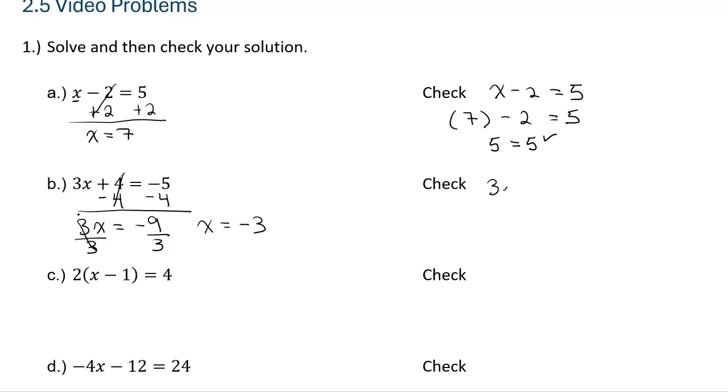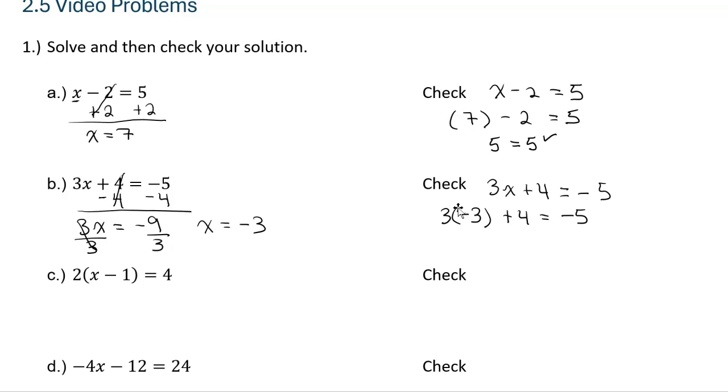So we get 3x plus 4 equals negative 5. 3 parentheses plus 4. Now notice when I'm doing the substitution, I'm still using the parentheses because I want to be consistent. Whenever I'm substituting something in for a variable, I replace the variable with parentheses first and then put the number in.